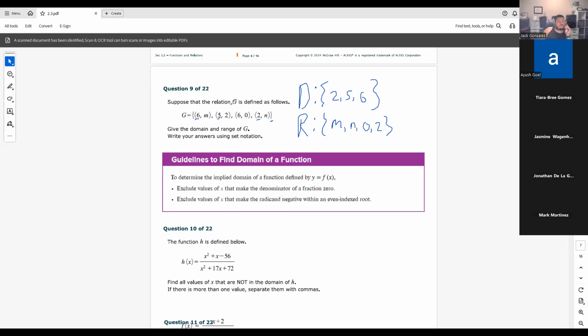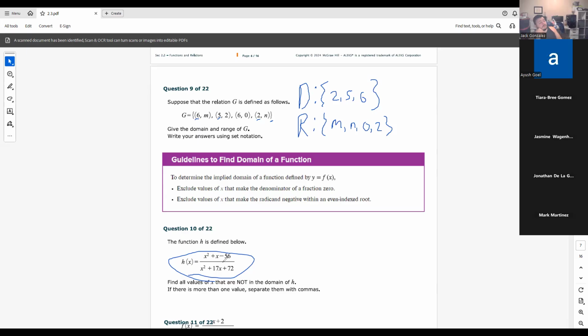It might not always be a set of, what's it called, a set of coordinate pairs or ordered pairs. It could be just a function. If they give you the graph or the function, you've got to figure out, okay, what is the domain? What are all the x values that I can use? But finding them all is difficult.